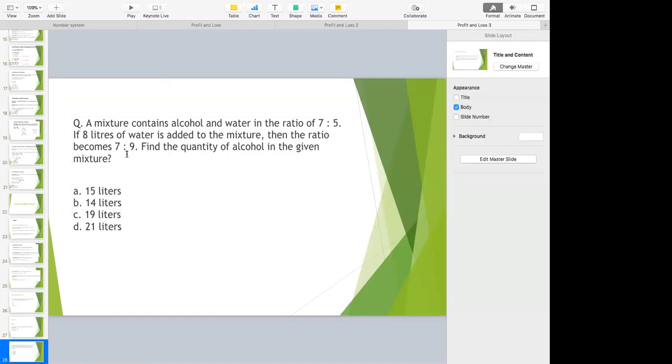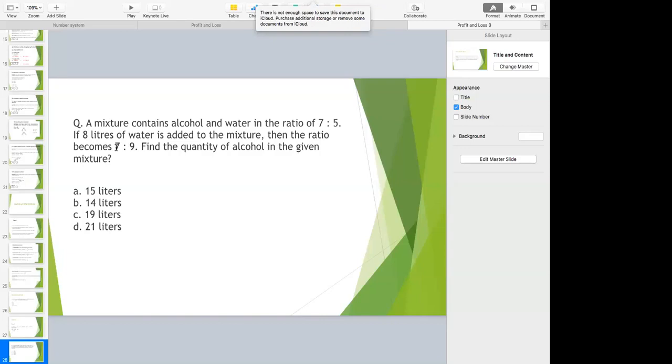And if you see, even the ratio corresponding to the alcohol has not changed. Initially in the ratio 7:5, 7 parts was alcohol, 5 parts was water. In the new ratio, this ratio value 7 is again corresponding to alcohol, and this 9 is corresponding to water, right?